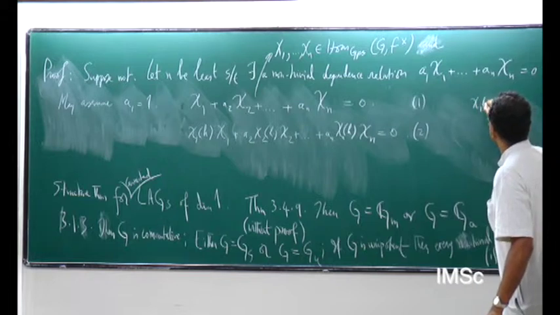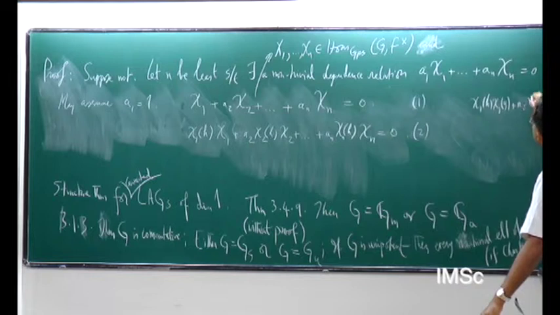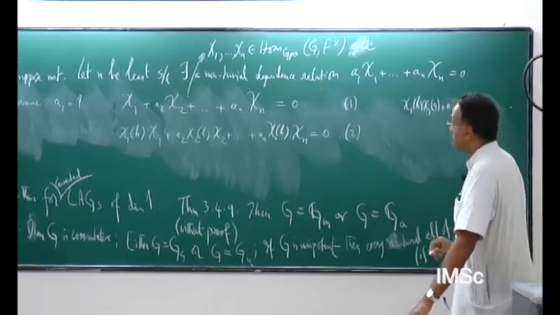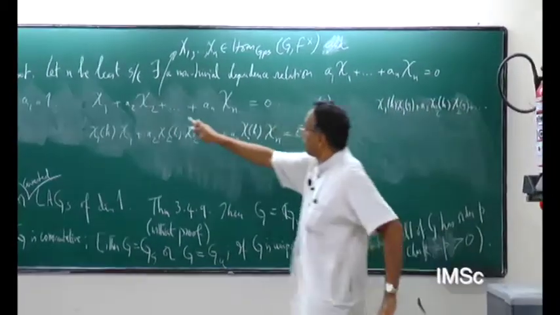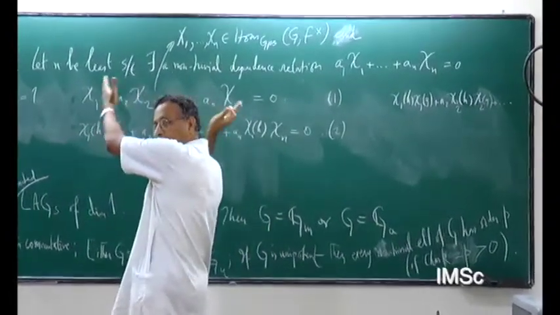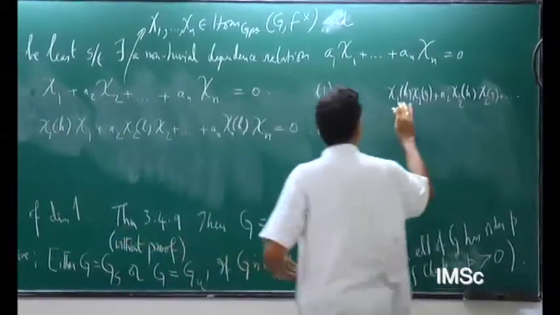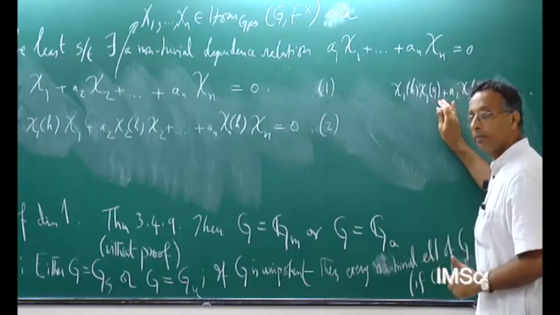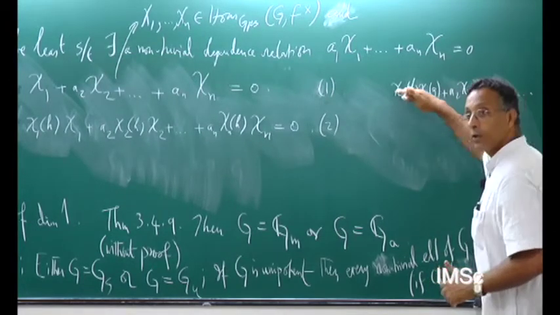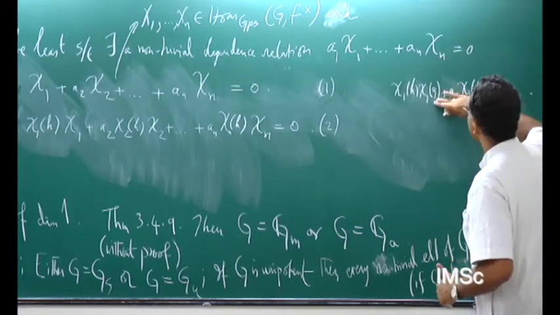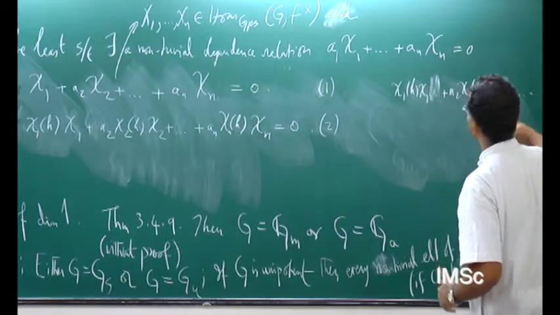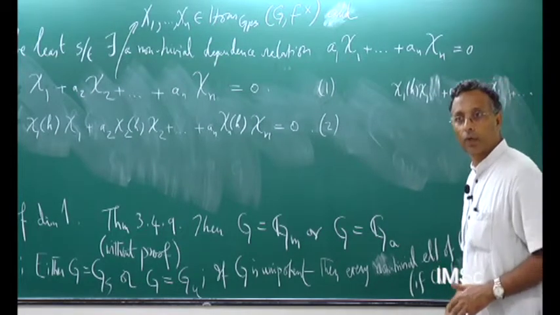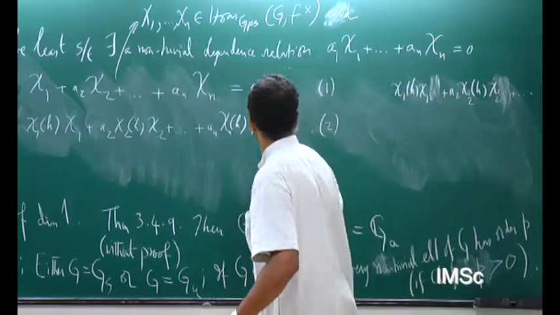What I mean is, I can evaluate this at a point hg, and then use chi1 of hg is chi1h times chi1g. This holds for all g, and therefore as functions I can erase that. That's what I've done.